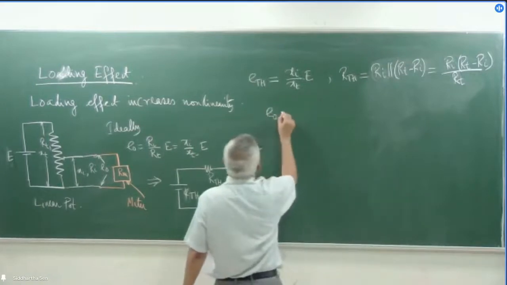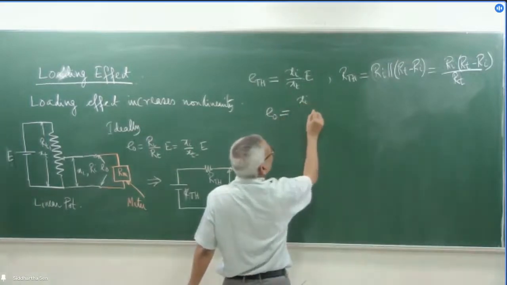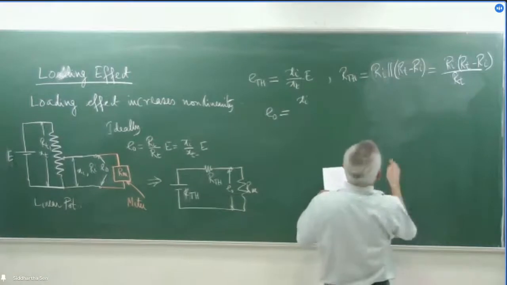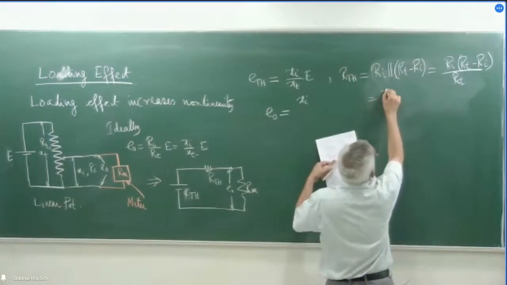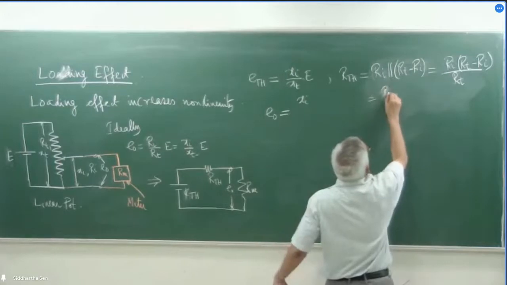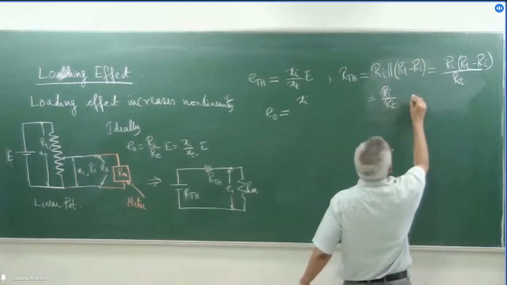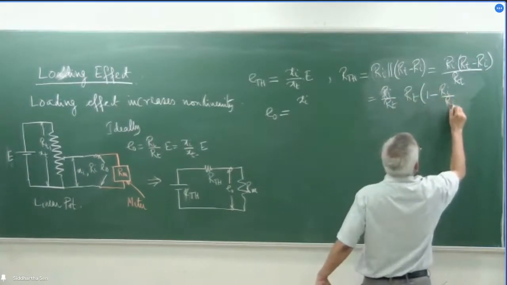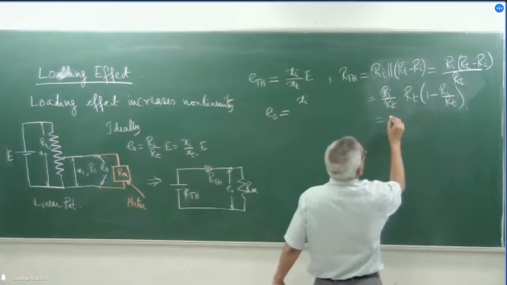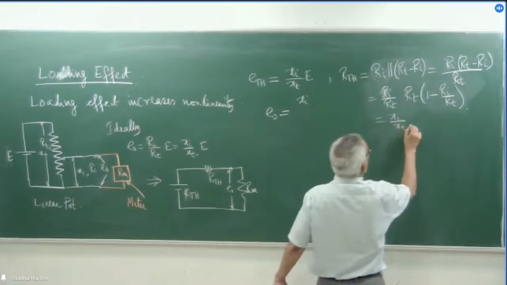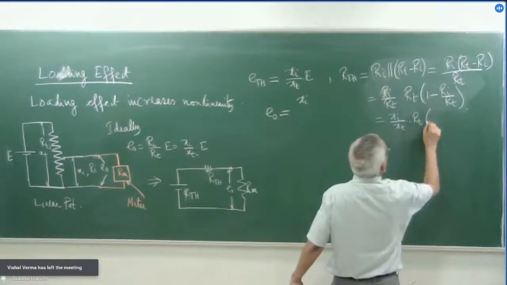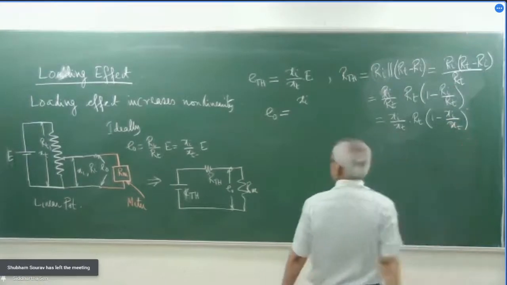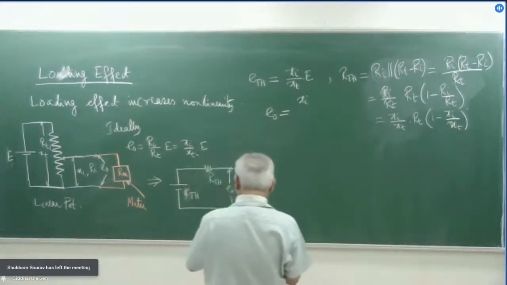So what would it be? This one, RTH, we can also write as Ri divided by RT into RT into 1 minus Ri by RT. So here it is Xi by Xt into RT into 1 minus Xi by Xt. Okay. So what is E0?